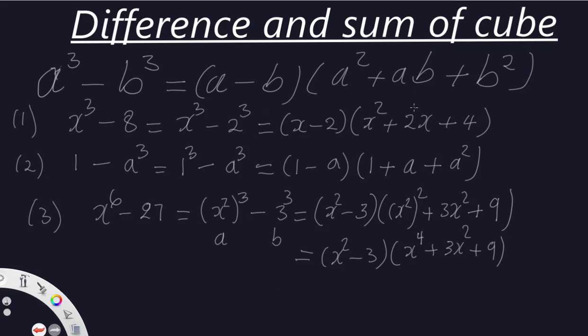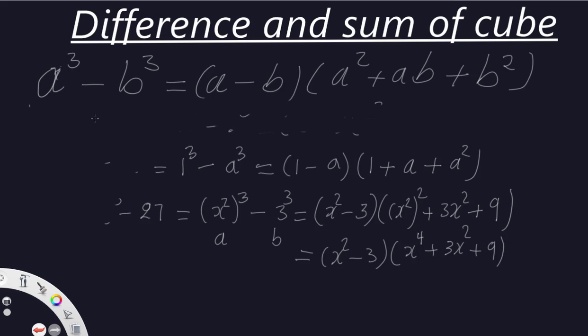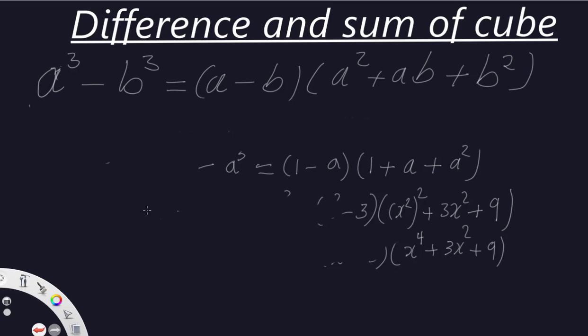Now, let's move to the next one. The sum of cube. Let's remove this example. What will be the sum of a cube? The sum of a cube, as you can see, you just change the sign from negative to positive.